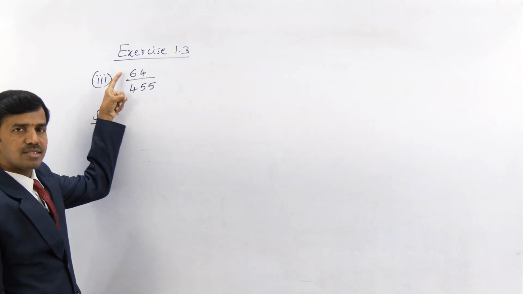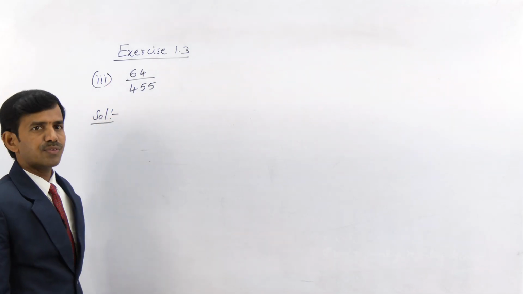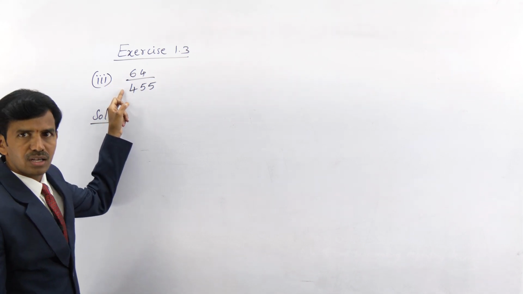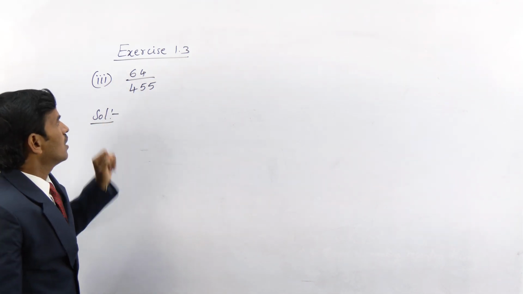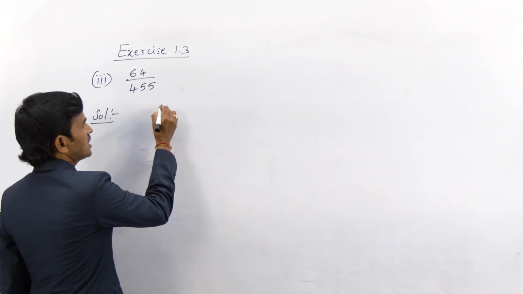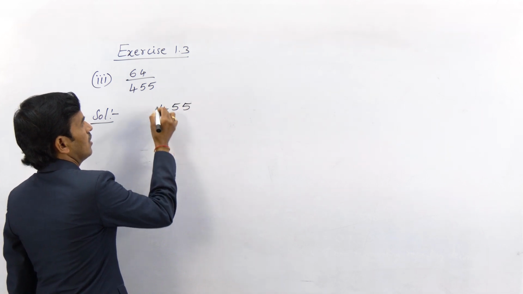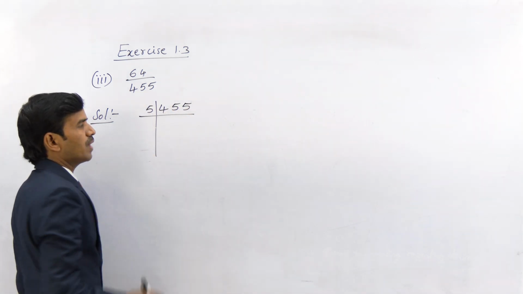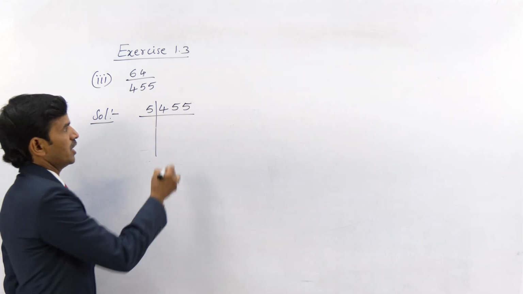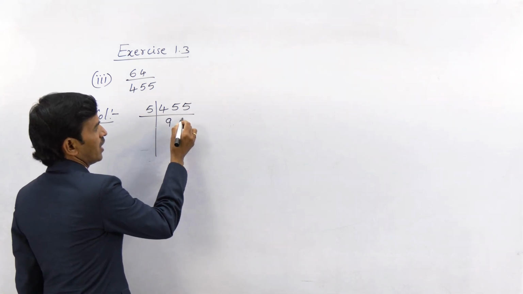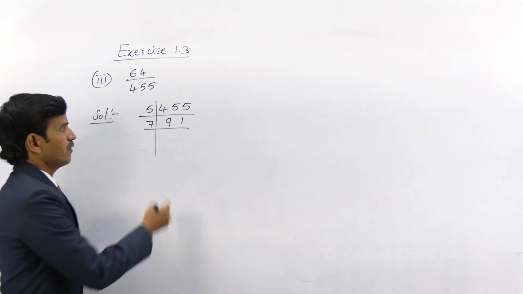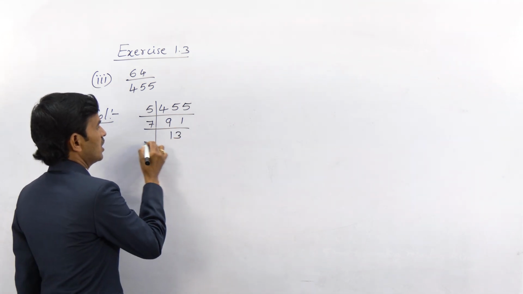Given rational number is 64 by 455. Is this number cancelled by any common factors? If you check, no. So let's take this denominator 455 divided by 5, a factor of 5. If you check, 5 9s are 45, 5 1s are 5. 7 table, we can divide this 91, 7 into 13.